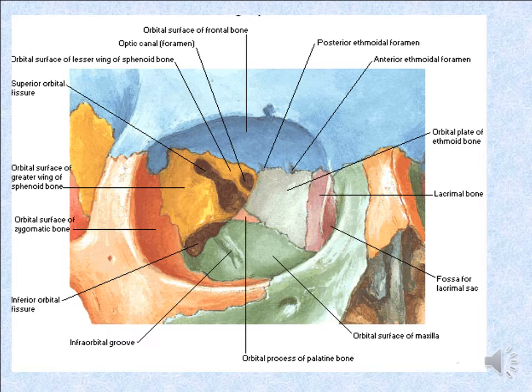And between the orbital surface of the palatine bone, the infraorbital surface of the maxilla and the orbital surface of the zygomatic bone, the other fissure is called the inferior orbital fissure. From the inferior orbital fissure, within the orbital surface of the maxilla, we have the infraorbital groove, and then the infraorbital canal, which goes to the infraorbital foramen. This is the skeleton of the orbital cavity.